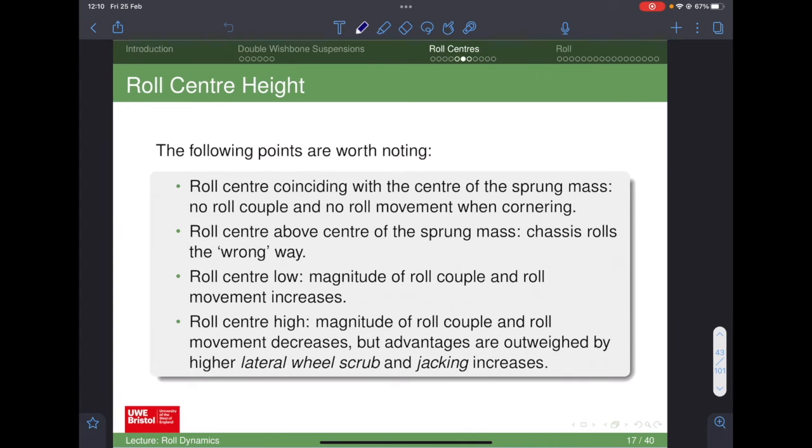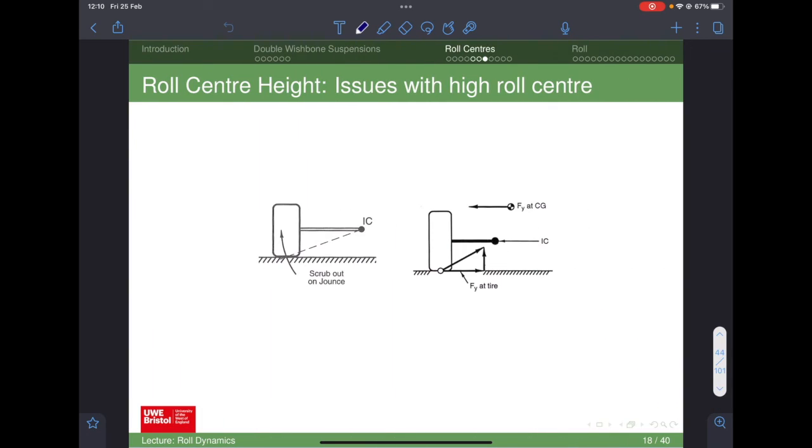So there are some pictures. You can see that as the instant centre is high, as the wheel moves through its motion, the scrub distance is large. And the reason you get this jacking is, if you look at the forces coming through, you've got your centre of gravity up here, and so when you apply a lateral force, that needs to be generated by the tyre.